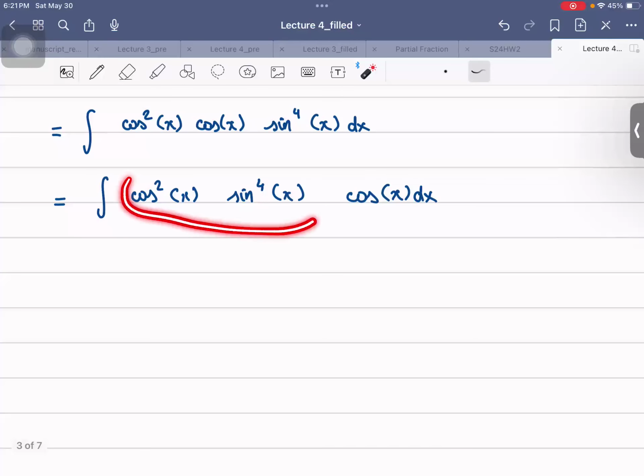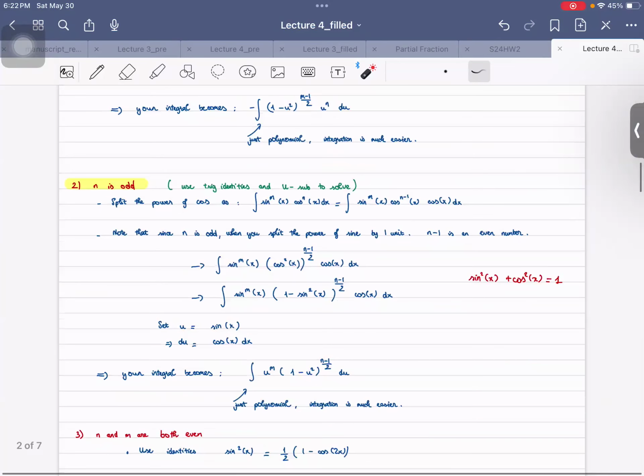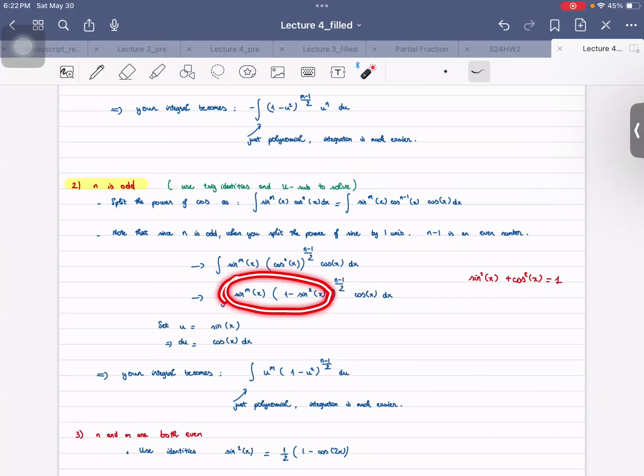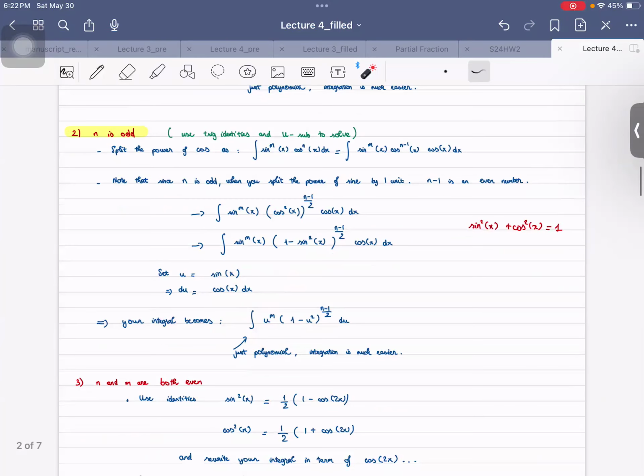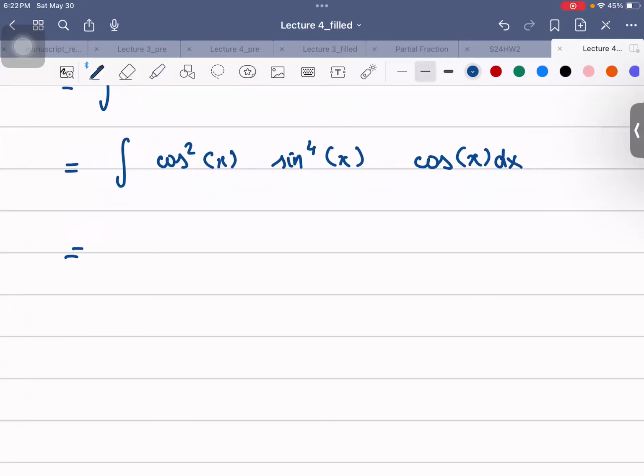I would try to write the rest in terms of sine. Remember, the first step is you split the power. The second step is you write the rest in terms of sine. We know that cosine squared is 1 minus sine squared of x.